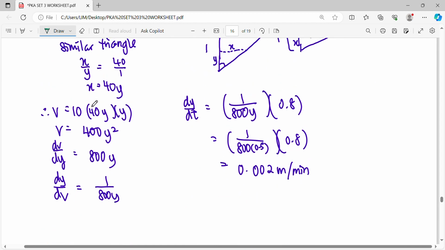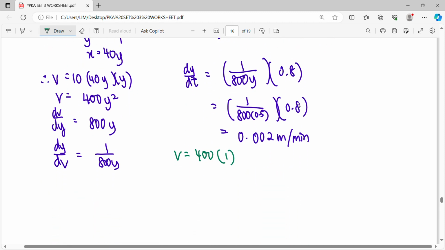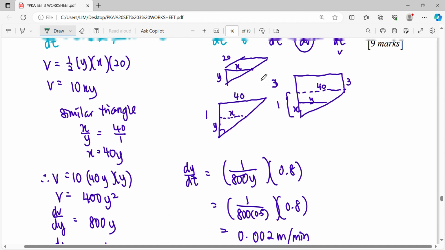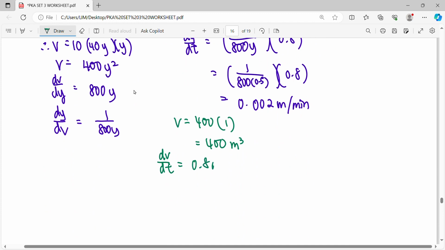Okay, so volume, or I can take this also. Volume equals 400. When it is constant it means it will be up to 1, so it will be 400 meter cube. As you can see, dV/dt is 0.8 meter cube per minute.